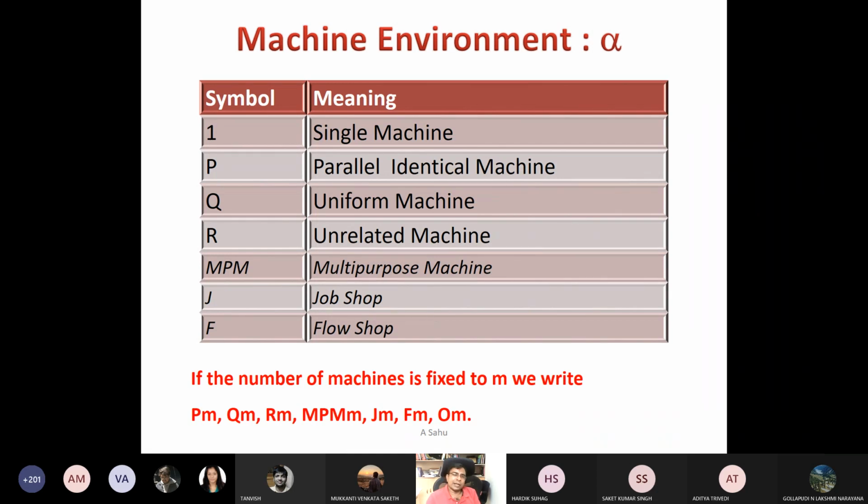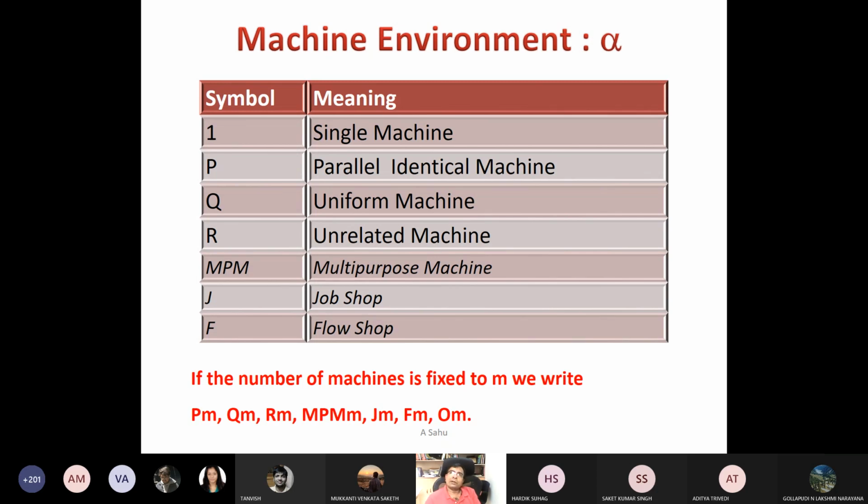So suppose you design an algorithm which will schedule the jobs if the number of machines is fixed, for a small number of machines. Not generic, not arbitrary, but a small number of machines. Then we write Pm, Qm, and Rm, so that also will distinguish.